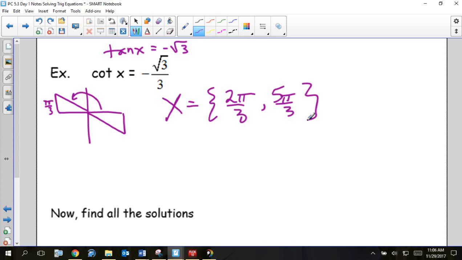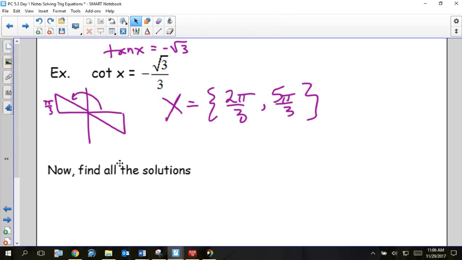And then if I wanted all the solutions, this one's a little bit different. Because remember how tangent repeats itself? It has a shorter period than sine and cosine. It goes around and repeats itself twice in the whole circle. So here, from here to here is pi.